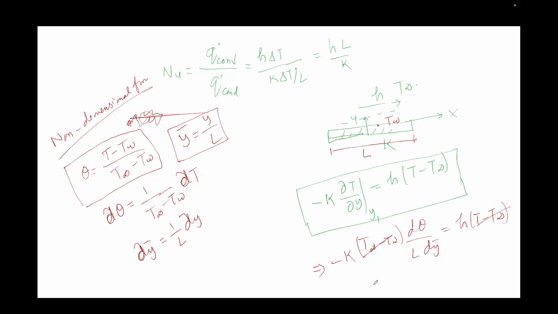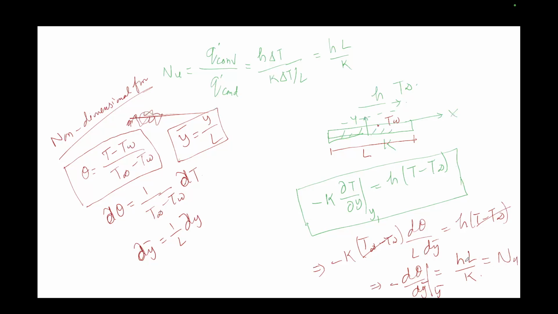So overall I will get d theta by dy dash equal to hL by k. Any confusion up to this? This is how we have derived it. Inversely, this value is your Nusselt number.